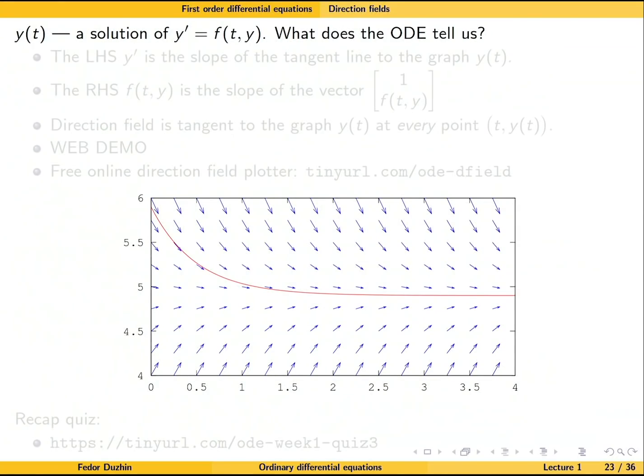Now, why is the concept of a direction field so important? Why do we use the direction field to visualize a differential equation? Well, note that once again, y prime is the slope of the tangent line to the graph of the function y, right?